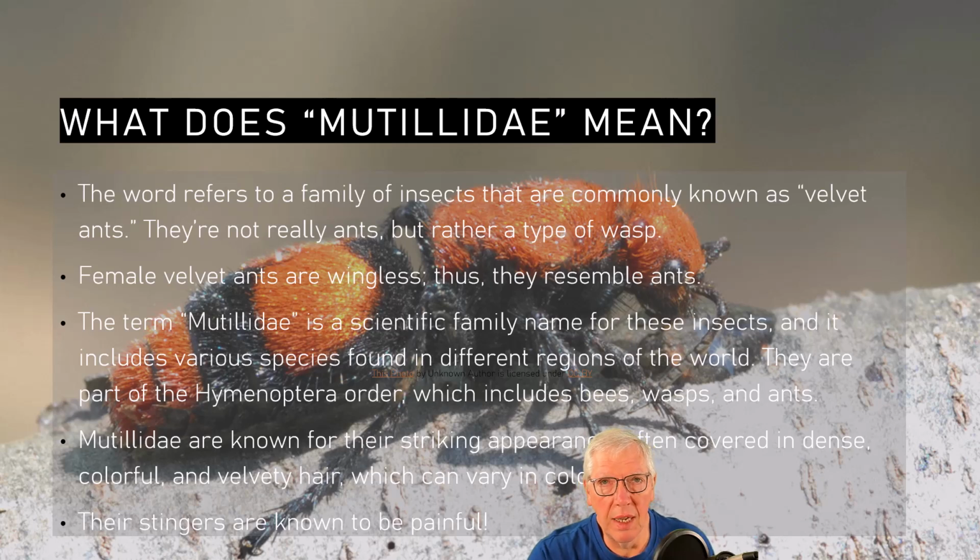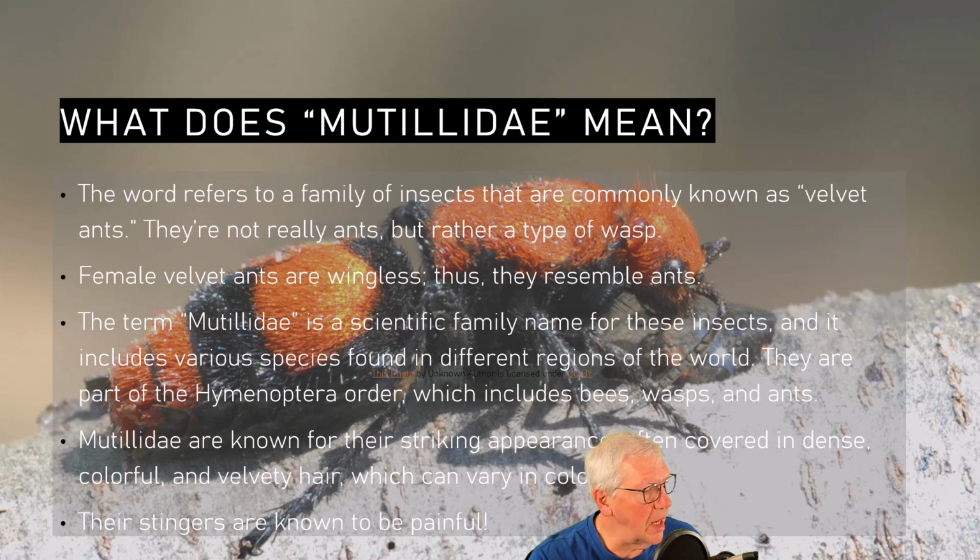The term Mutillidae comes from the scientific name for the insects, and it includes various species found around the world. It comes out of the Hymenoptera order, which includes things like bees, wasps, and ants. They're known for their striking appearance. They're a deep red, covered in dense, colorful, velvety hair, and their stingers are super painful. So that's where Mutillidae, the phrase, comes from.